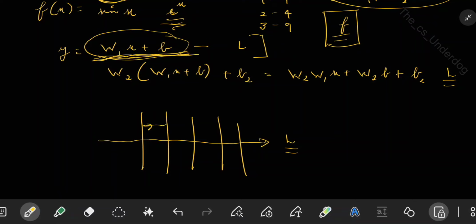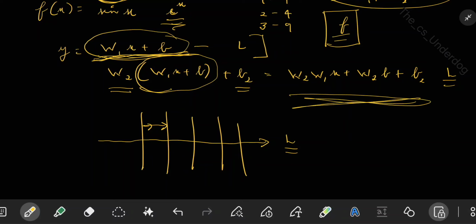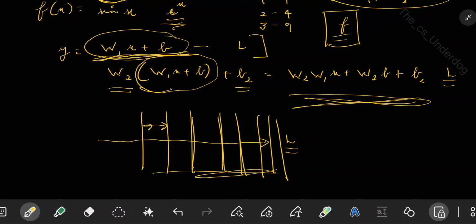You are giving this output to the next layer. Then it did w2 into the input from the first layer plus b2. But still this is a linear relationship only. So like this, even if you stack 100 layers, the final model will simply be a linear model. This is what I want to tell you.